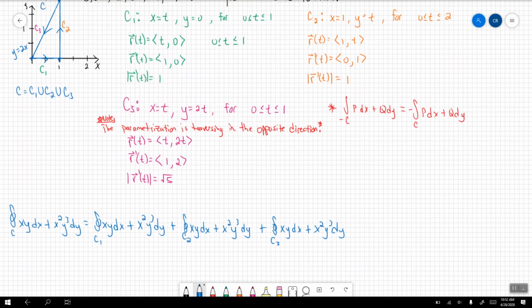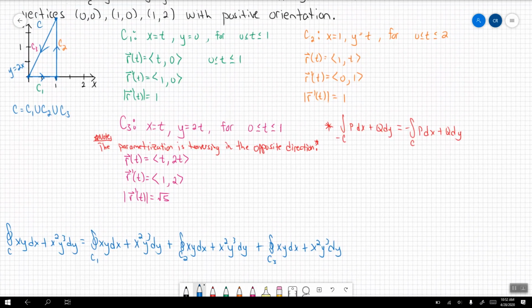And now all I have to do is go through all of my different parameterizations and start making my substitutions. Once I'm able to do that, then I will be able to solve for this specific integral.